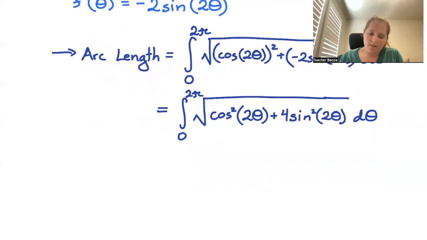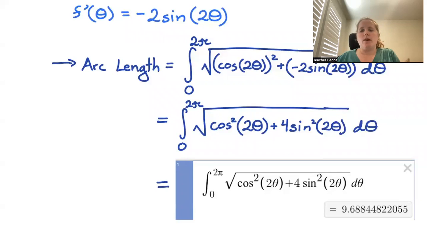So if we plug it into Desmos, we get about 9.688 as our arc length.